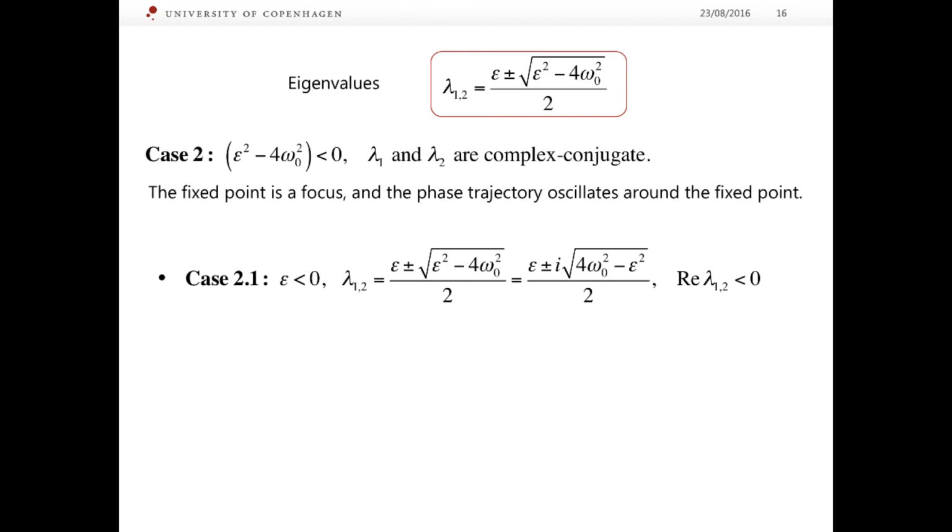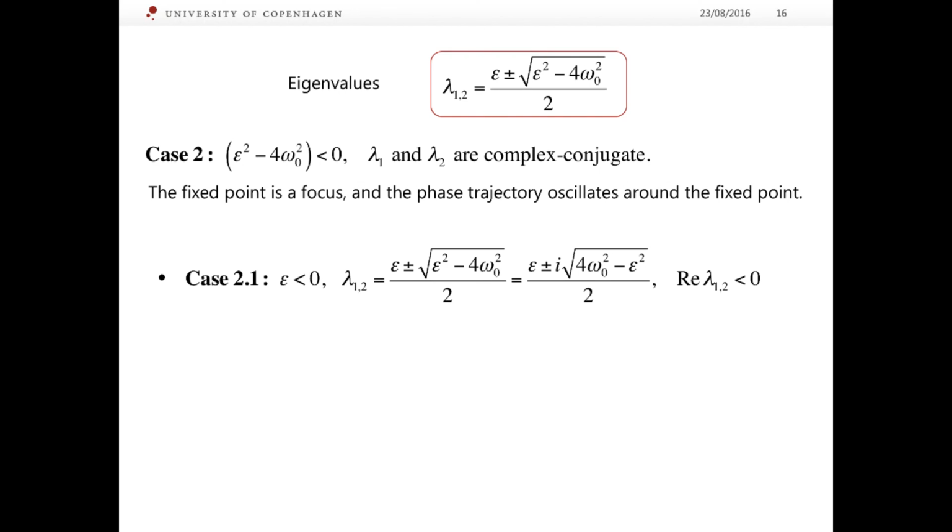So let us represent the expression under the square root as a product of -1 and another expression, plus 4 omega naught squared minus epsilon squared. This will allow us to rewrite our eigenvalues as follows.